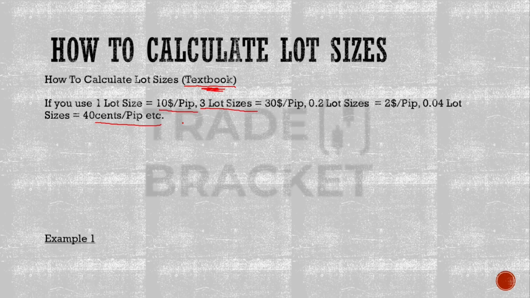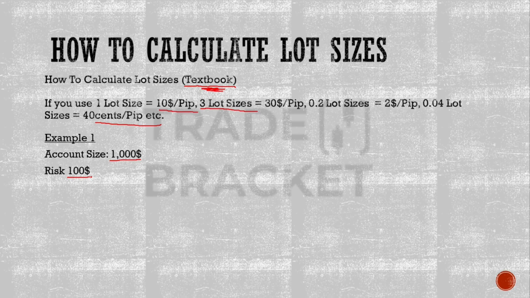Now let's demonstrate this with an example. And again, this is textbook. This is how it's usually taught. If you have an account size of $1,000, and you only want to risk $100, and let's say you measure your stop loss and it's 20 pips, the question arises, what lot size will you use?